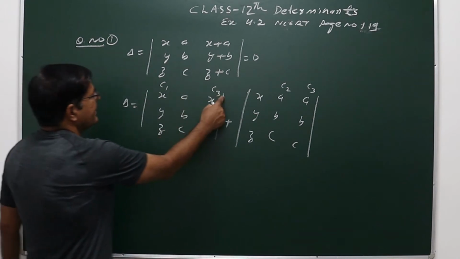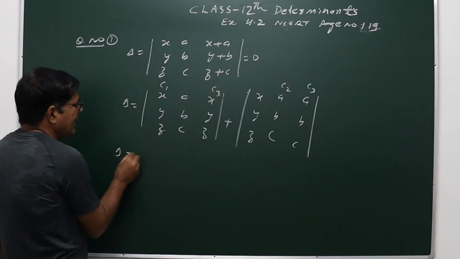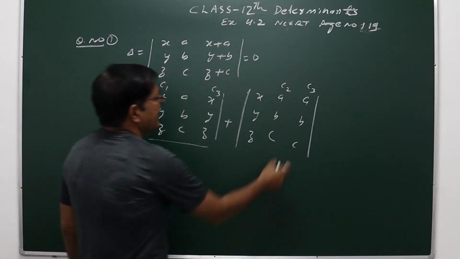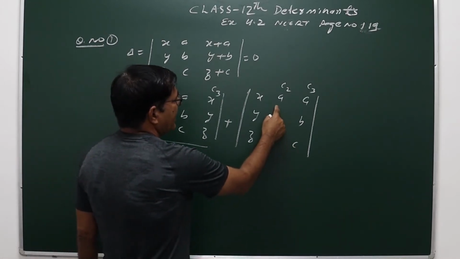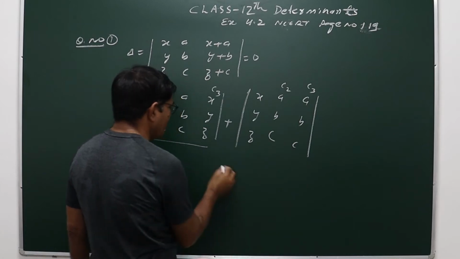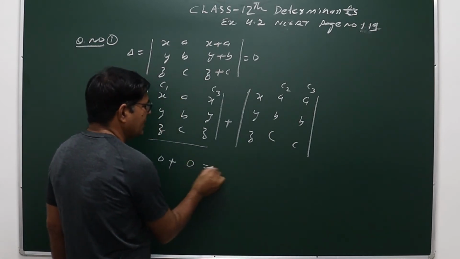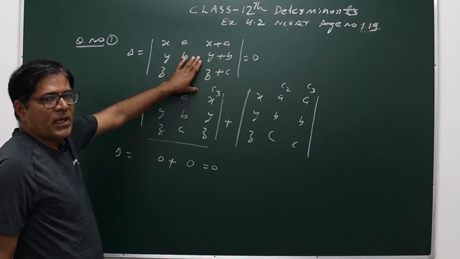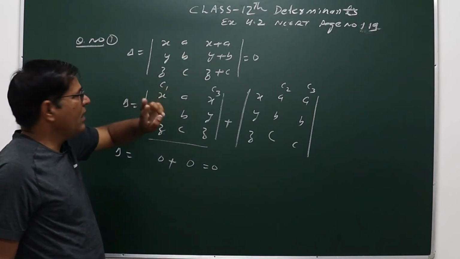So C1 and C3 are identical, so the first determinant equals 0, plus in the second determinant columns second and third are identical, so its value is also 0. So the resultant is equal to 0.